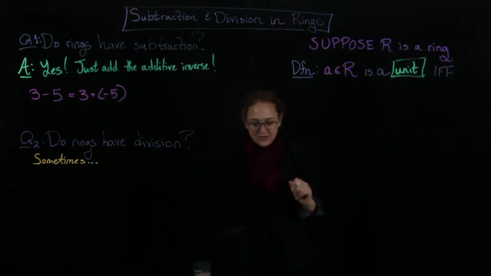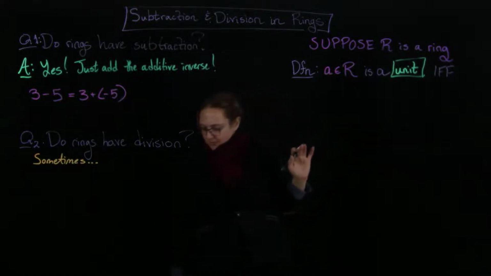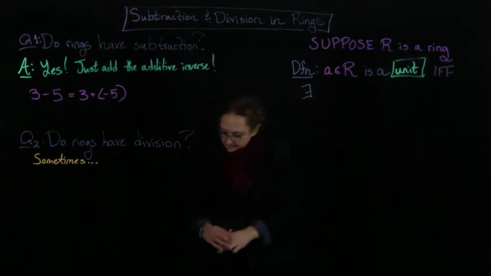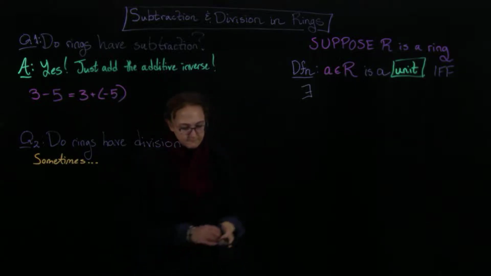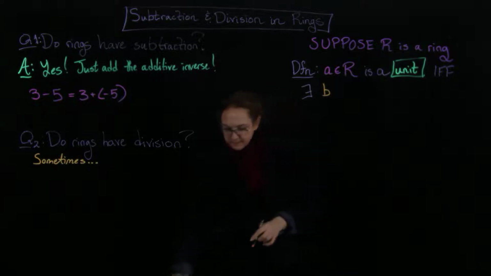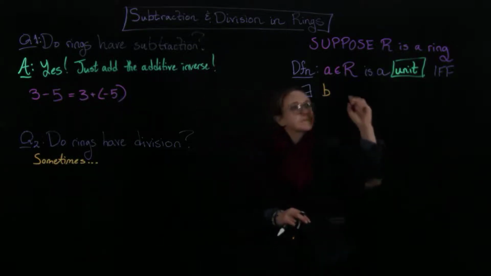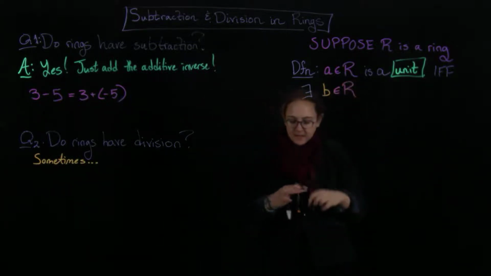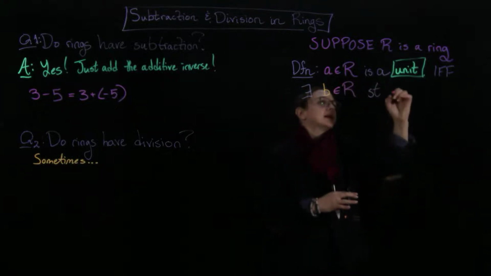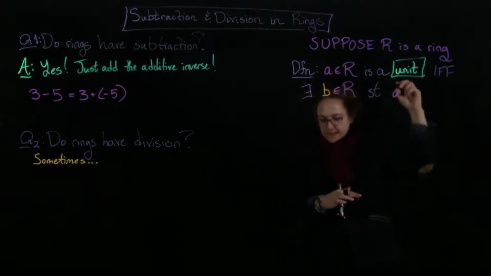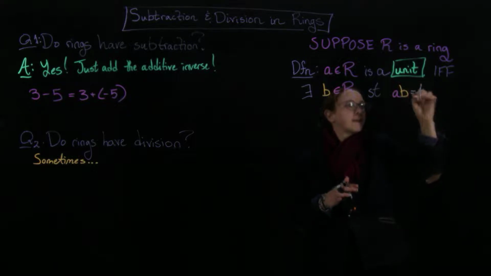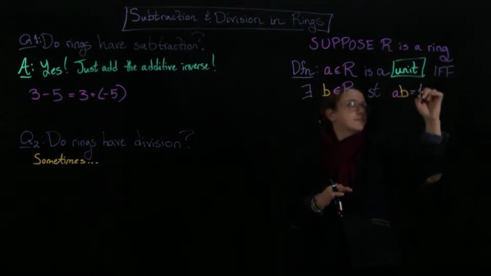What do they need to satisfy? There exists a b in R so that a times b equals our multiplicative identity, which equals b times a.